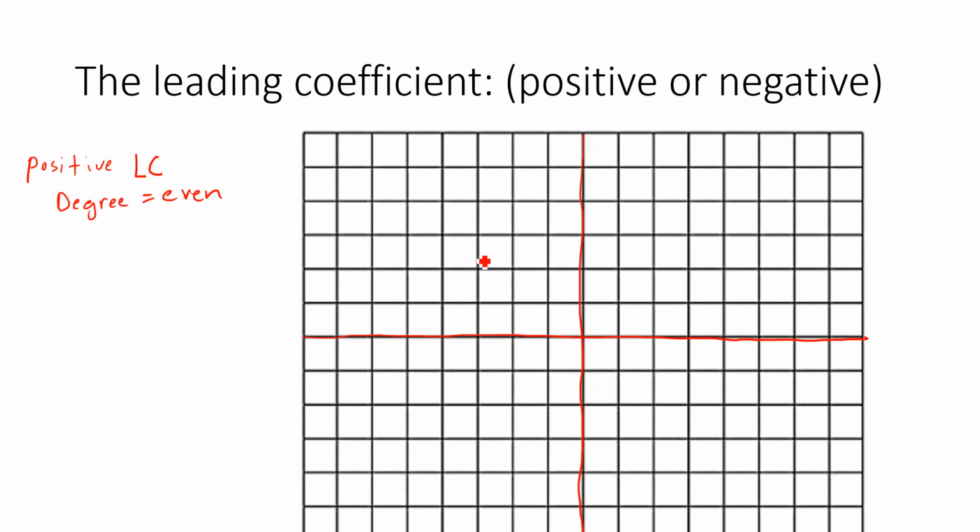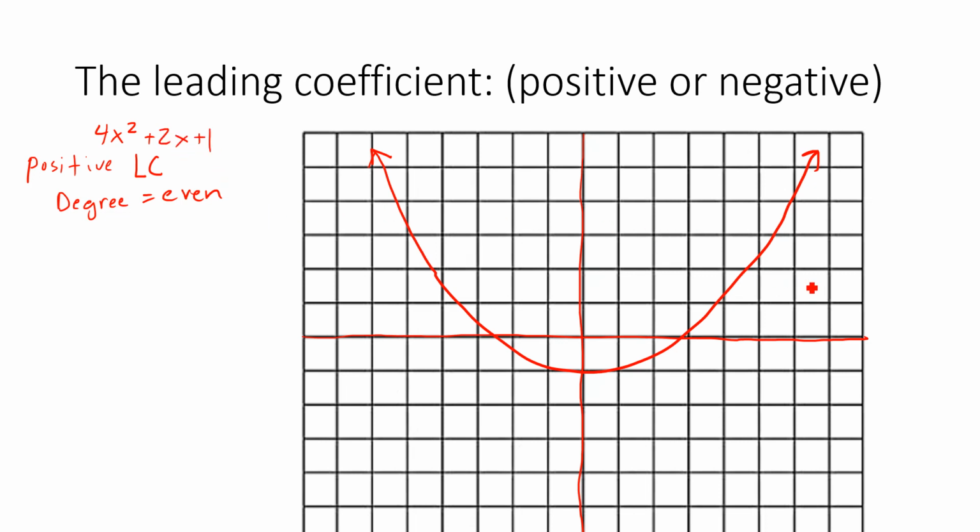Okay. Well, if it's even, that means that both ends go in the same direction. It means that if you have a positive leading coefficient, both ends are going to go up. An example of this could be something like 4x squared plus 2x plus 1.